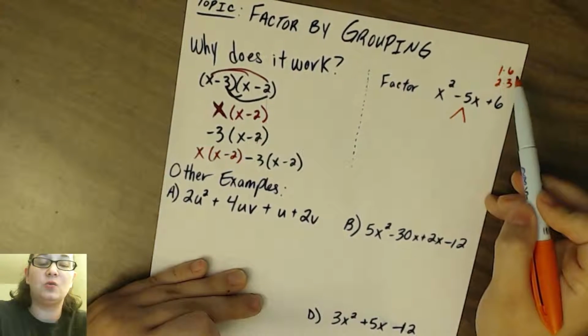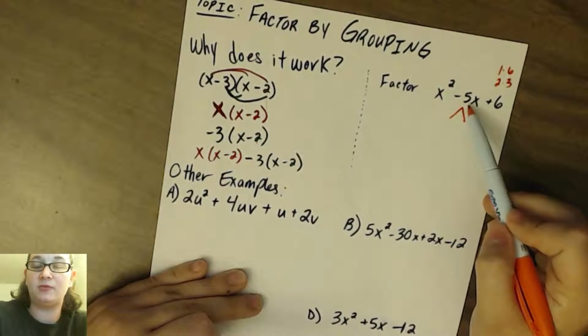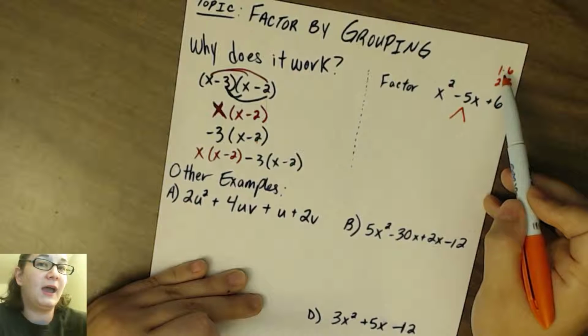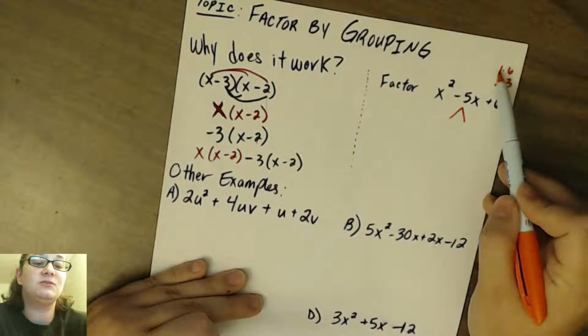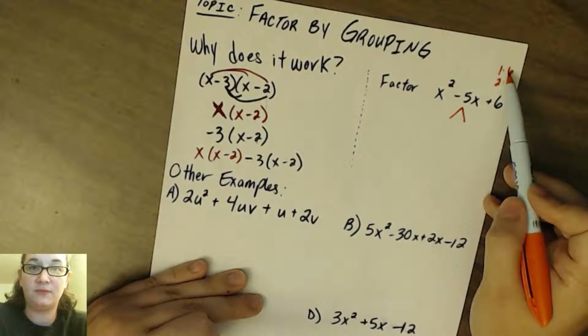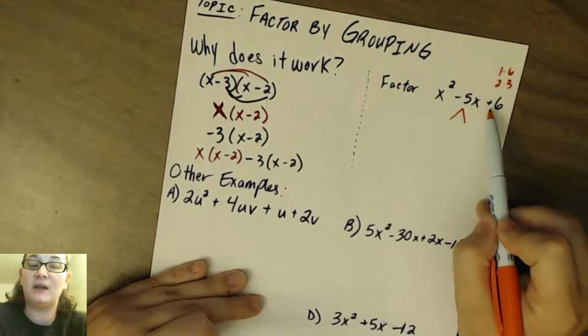If I had 1 times 6, the only possibility of getting a 5 would be if I subtracted. But if I subtracted, that means that these two numbers are opposite signs. One would be positive and one would be negative. And if I multiplied them together, if one of them is negative, I would get a negative result.